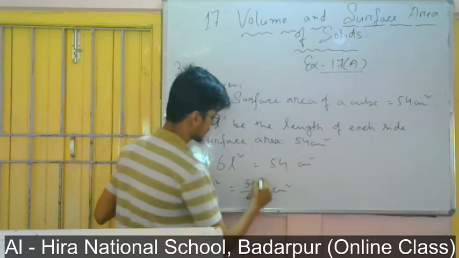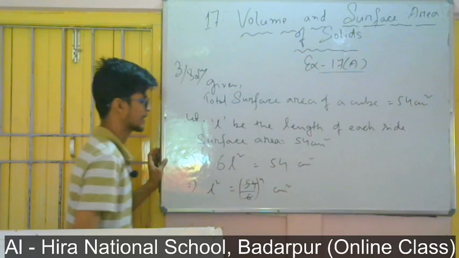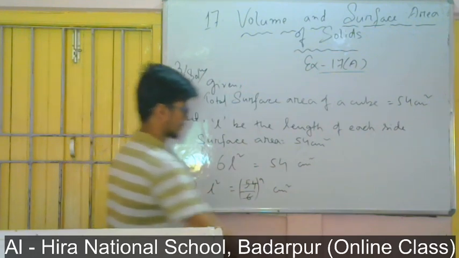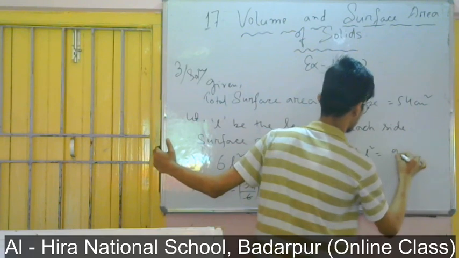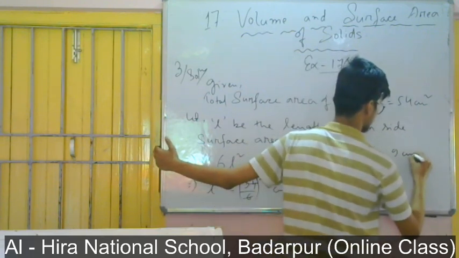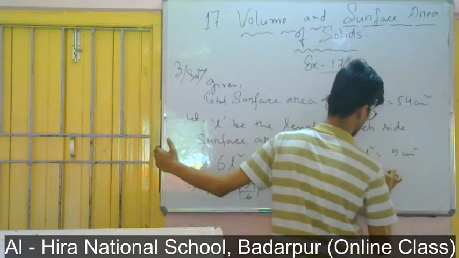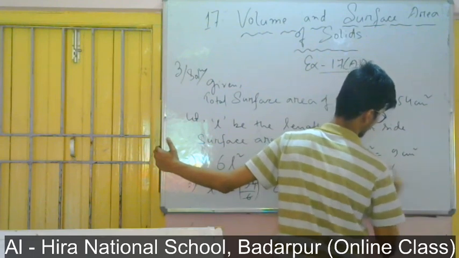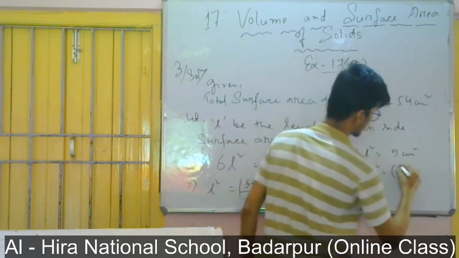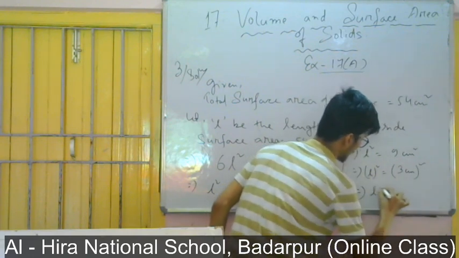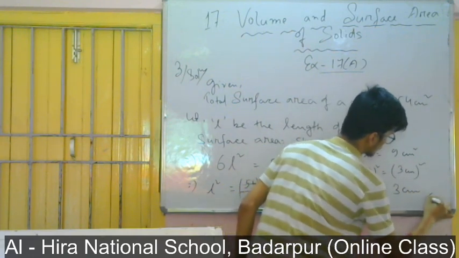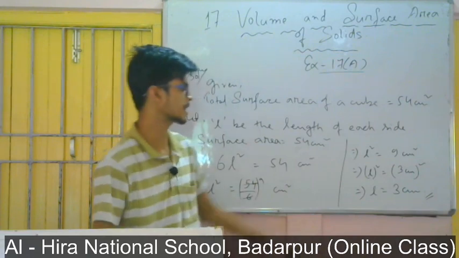6 9s are 54. So L square will be equal to 9 centimeter square. Implies L will be equal to 3 centimeter.